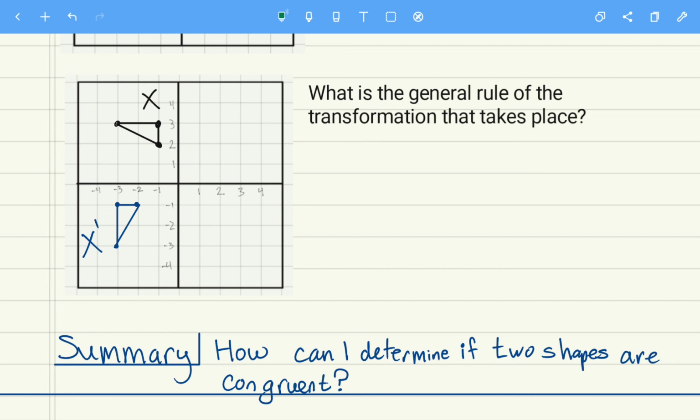Now we want to find the general rule of the transformation that takes place. I've gone ahead and labeled my points. A is at negative 3, 3. A prime is at negative 3, negative 3.